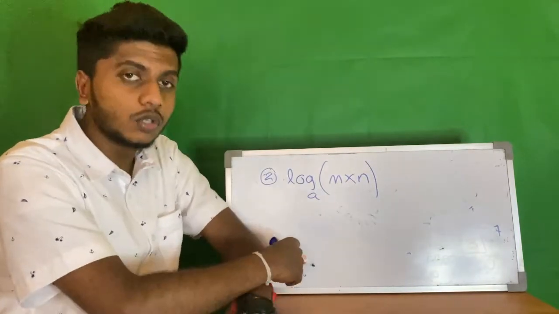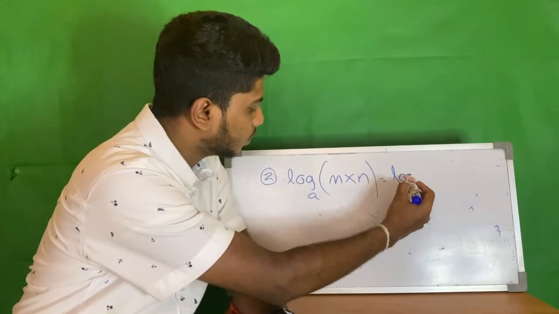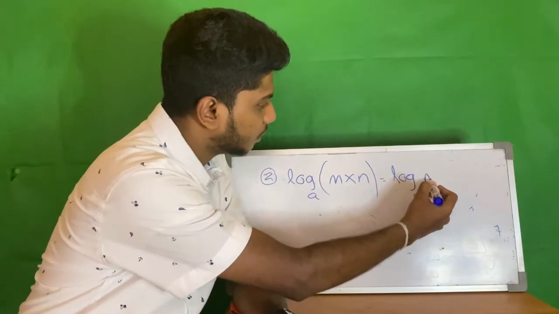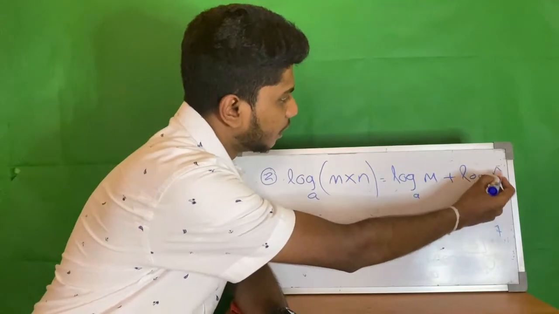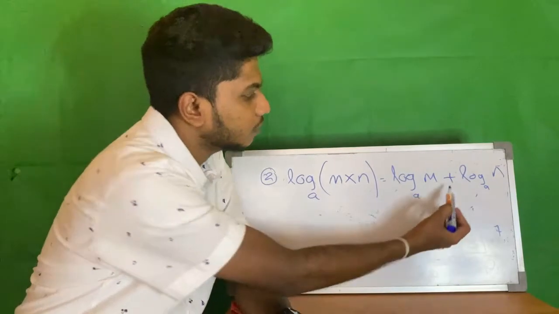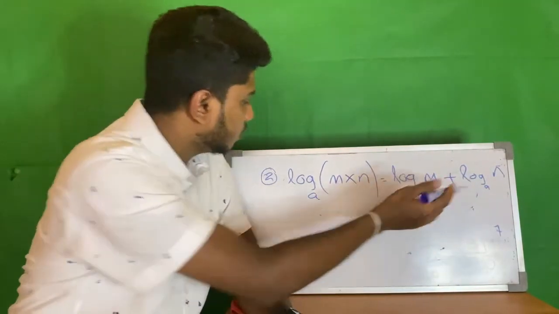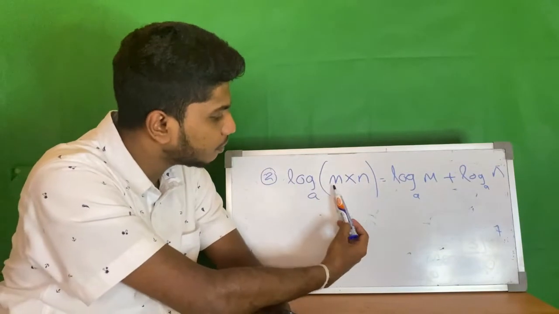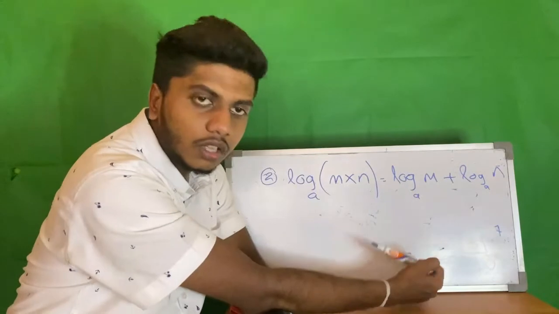So what we can do using logarithms is separate these two: log base a of m and log base a of n. So what is the most significant point here? Can you see? There is an addition in here. So you can convert a multiplication in terms of an addition using logarithms.